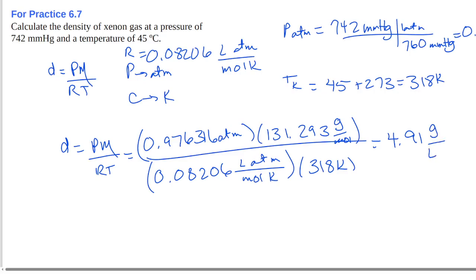And the units make sense, so we can assume that we got the right answer.